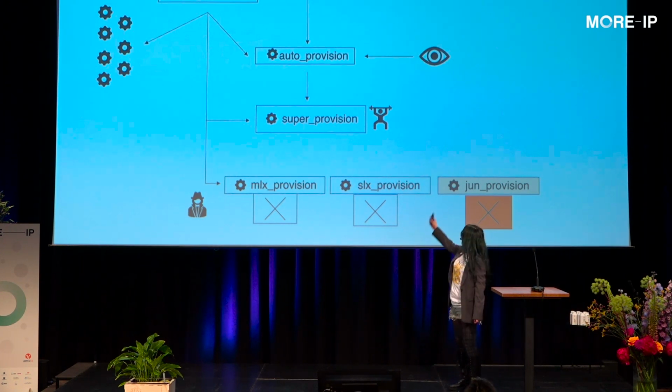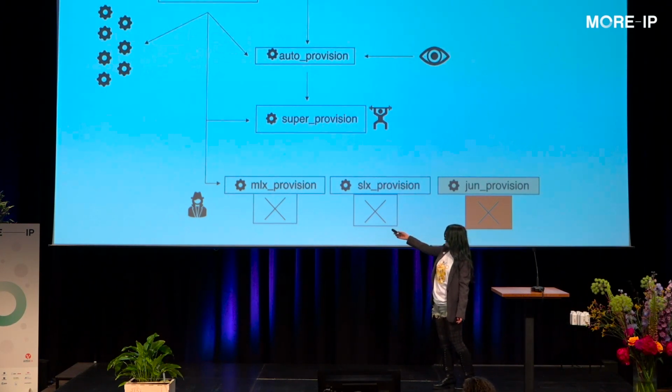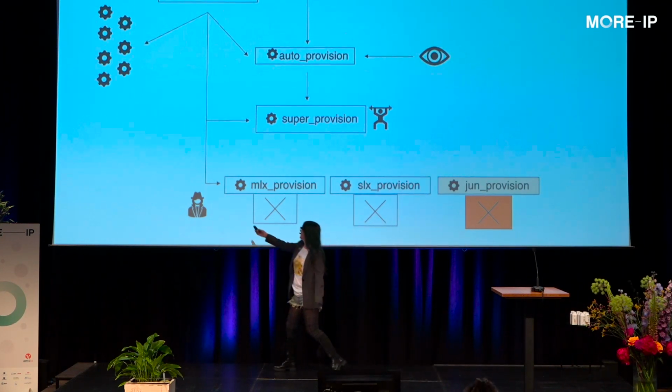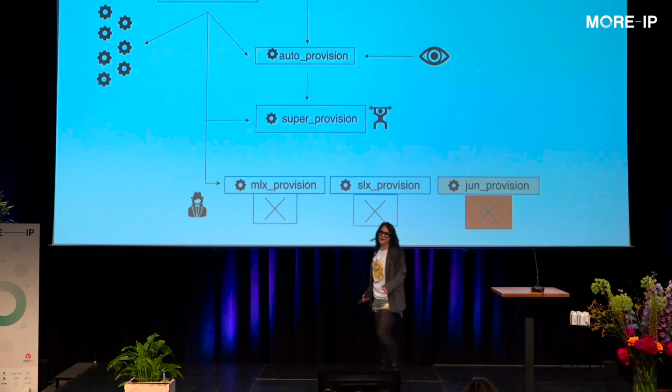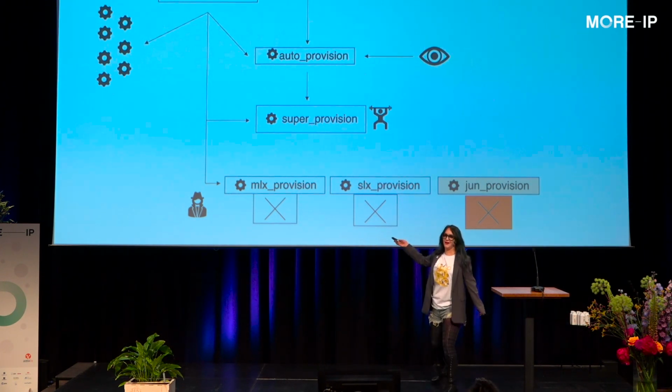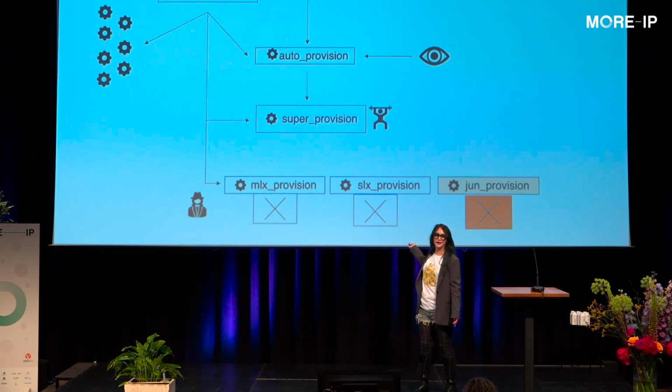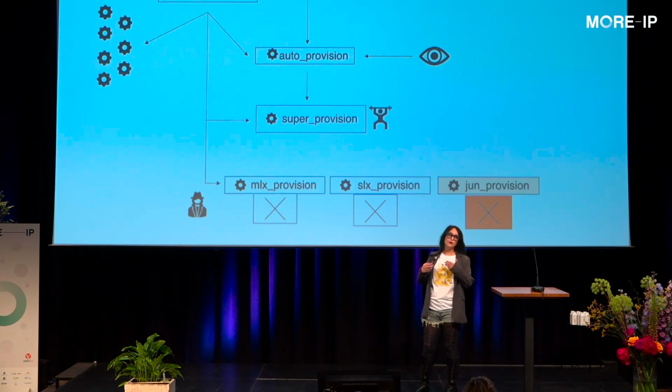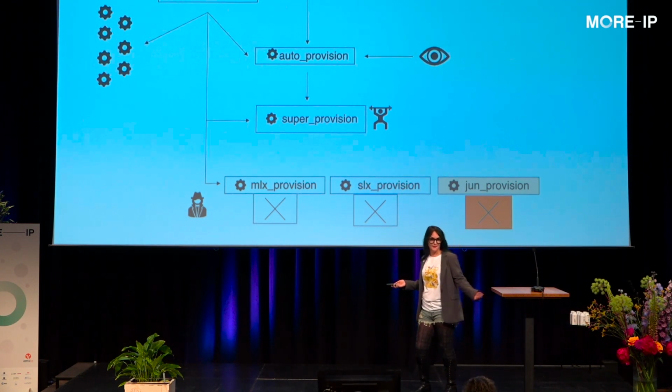What did we do? The power super provision. We took the logic, we analyzed, this is detective me, analyzing what was common in the logic of MLX provision and SLX provision that we could extrapolate also to Juniper provision and to whatever they want to add in the future.